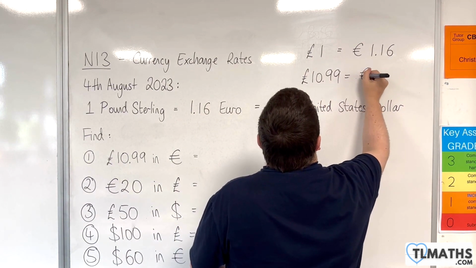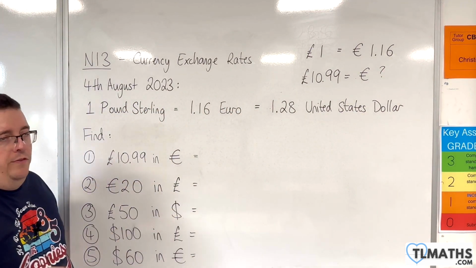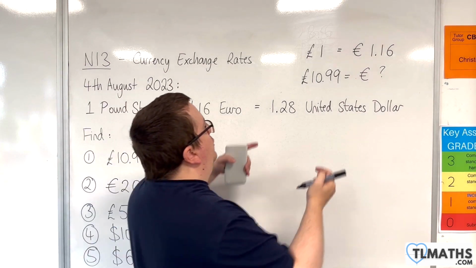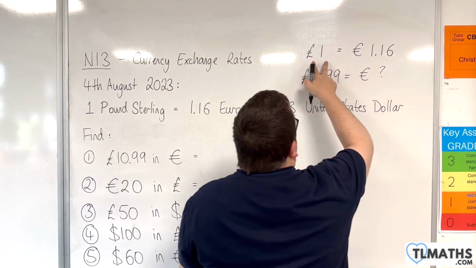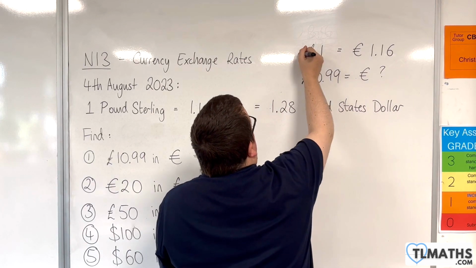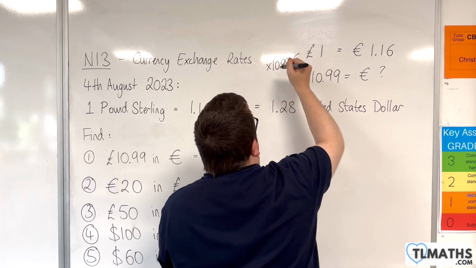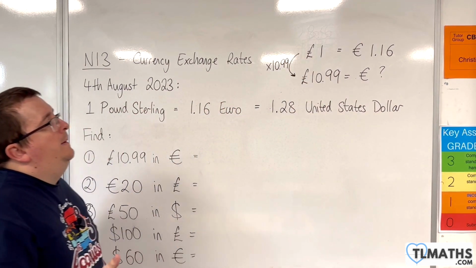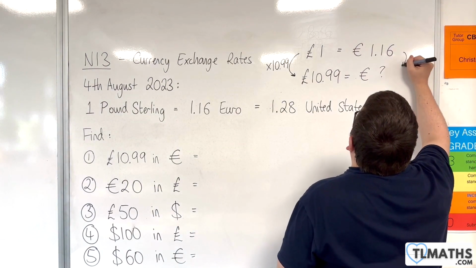in euros. The way you want to think about this is, how do I get from this line to this line? On the left-hand side, we're going from £1 to £10.99, so I need to multiply by 10.99, which means you must do the same on the right-hand side.